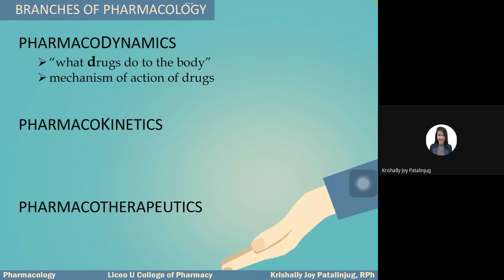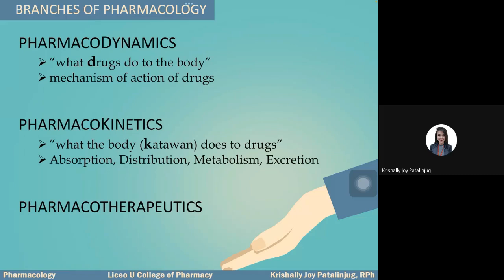Under pharmacokinetics, in operational term, we can define that as what the body does to the drug. So you have body to the drugs. In dynamics, you have what the drugs do to the body. So I highlighted here the letters D and letters K for you to easily recall the operational terms.